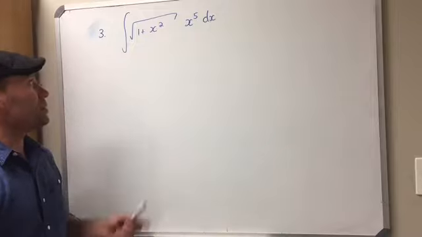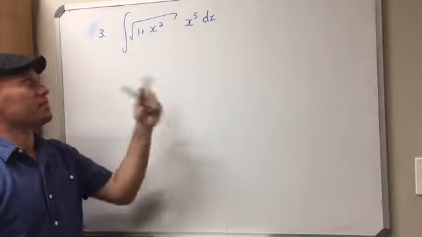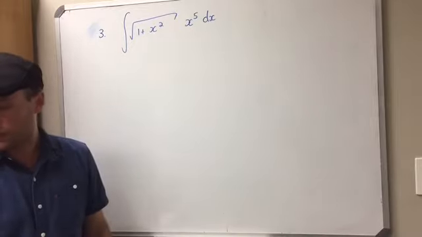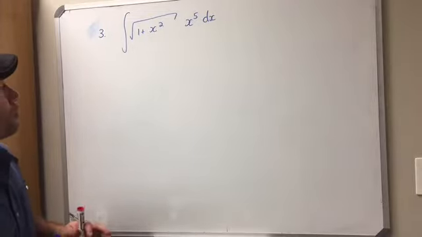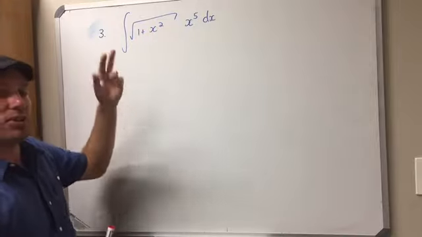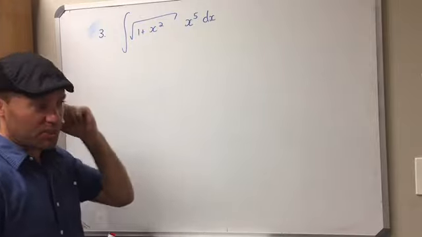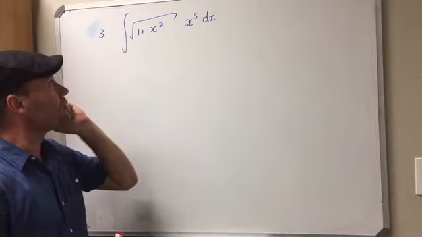Okay, our final example is the integral of square root of 1 plus x squared times x to the power of 5 dx. Good. So again, we observe that here is a composite function. So usually if we're going to try and do an integration by substitution, we'll let u equal the inner function.